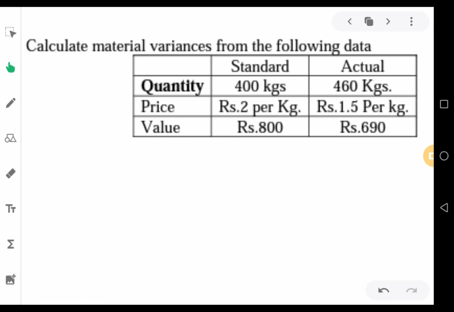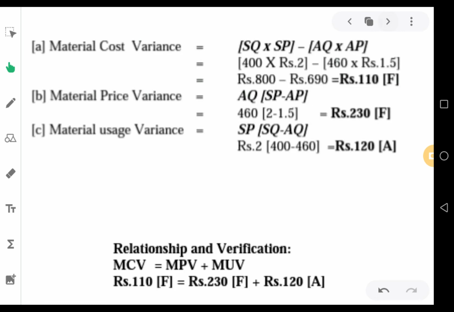That will be useful for us to calculate cost variance. So with these details, they are asking us to calculate material variances. It's quite a straightforward problem. We need not get any standard quantities for actual output. Let's proceed with material cost variance.